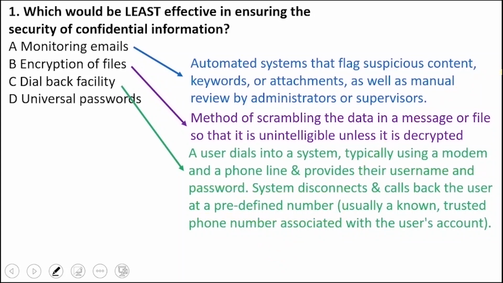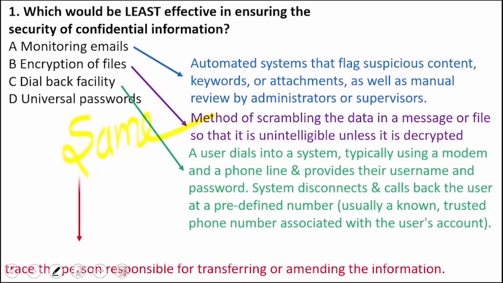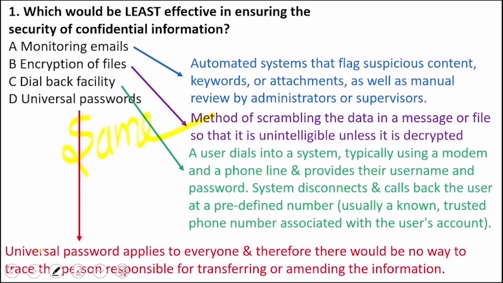Now moving to the last option, universal passwords. Universal password means every employee who has got access to this information keys in with the same password. So what is the disadvantage? Universal password applies to everyone and there would be no way to trace the person responsible for transferring or amending the information.